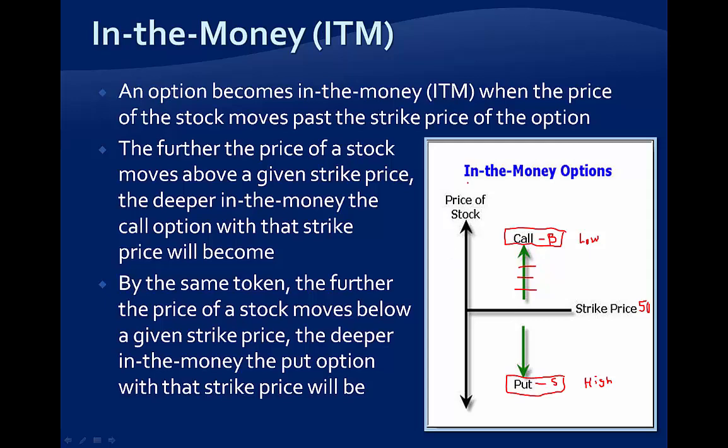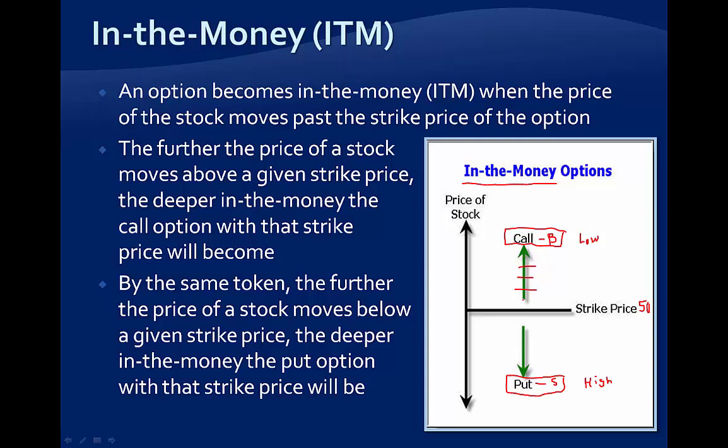The higher the stock goes, the more in the money my call option becomes. We call that intrinsic value. It has true intrinsic value, meaning if you can buy it at 50 and the stock's trading at 55, you have $5 of intrinsic real value in that option.